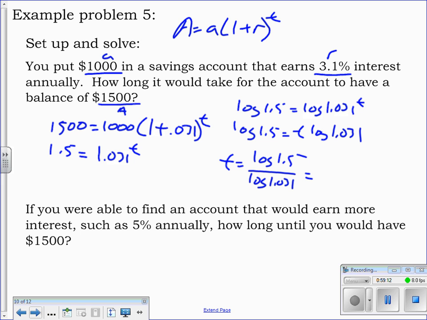That's going to be long. Just say log 1.5 divided by log 1.031. 13.28 years. So about 13 years, 4 months. Between 3 and 4 months, to get $500.